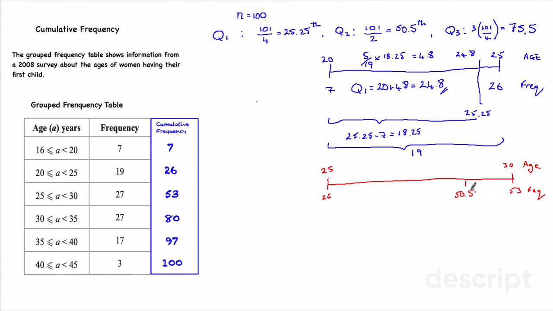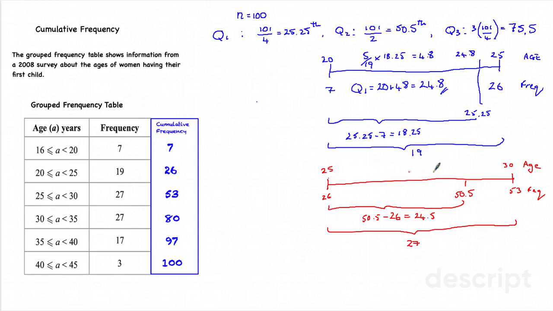And I need to find the 50.5 value. So this gap is 50.5 minus 26, and that gives me 24.5. This gap, that is the 53 minus the 26, but I can also see it here from my frequency table, was 27.